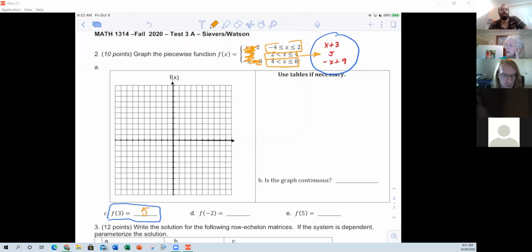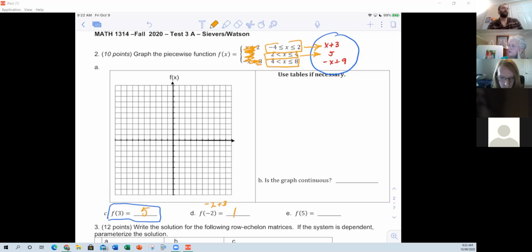Okay. And then -2, what interval does that fall in? Oh, -2. Sorry. That would be the first one, top one. Right. So that means on your test, f of -2 would be -2 plus 3, which is 1.